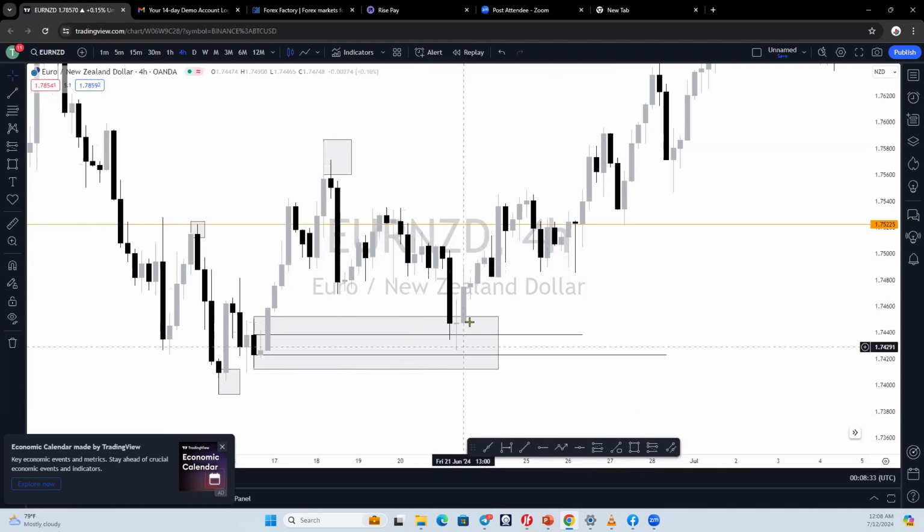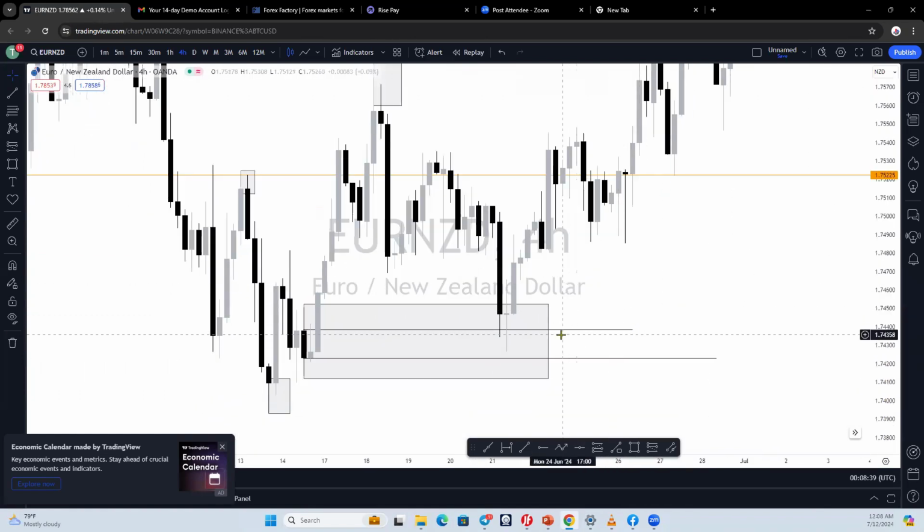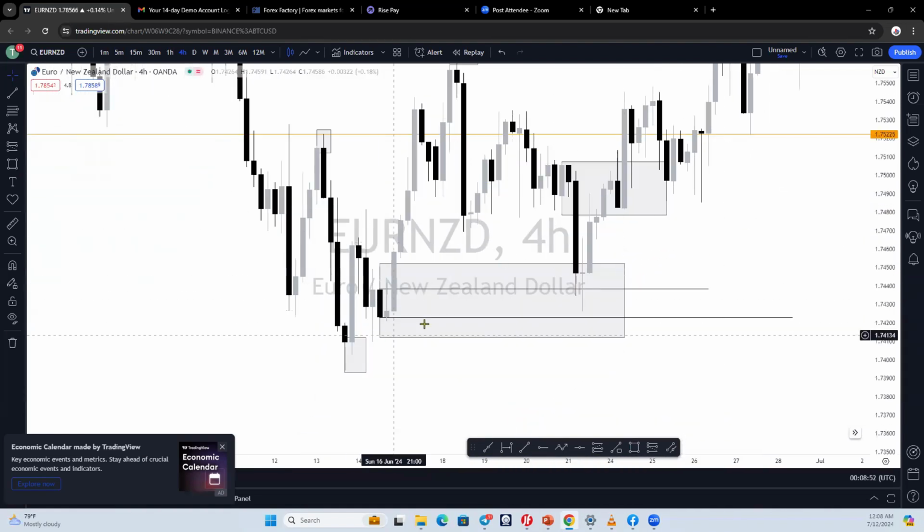When price touches this level on the 4-hour and you get your trade, the first level of monitoring is this engulfing field. Why? Because you have a storyline of a 4-hour engulfing to a 4-hour engulfing.